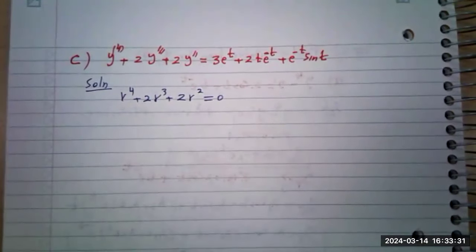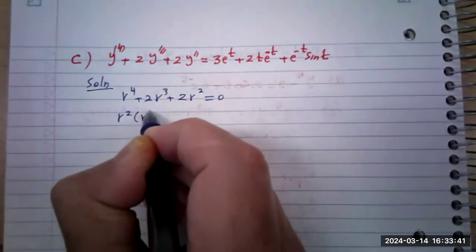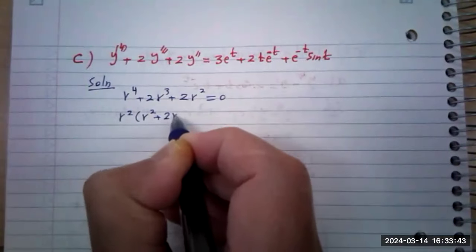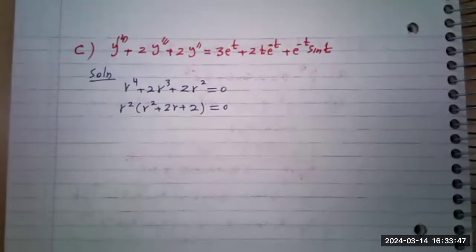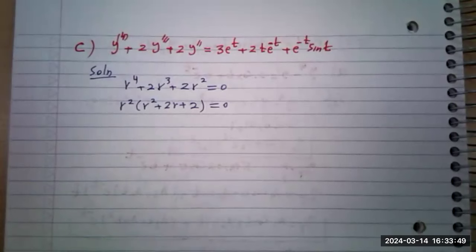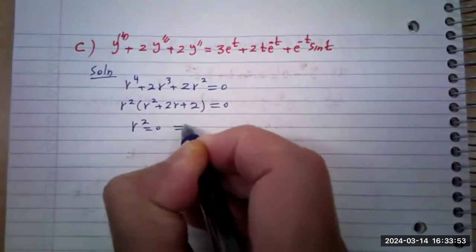So how are we going to solve it? You have to factor out r squared first. You factor out the r squared, so that gives you r squared times r squared plus 2r plus 2. Now we can handle the r squared equal to 0. So that gives you 2 solutions.